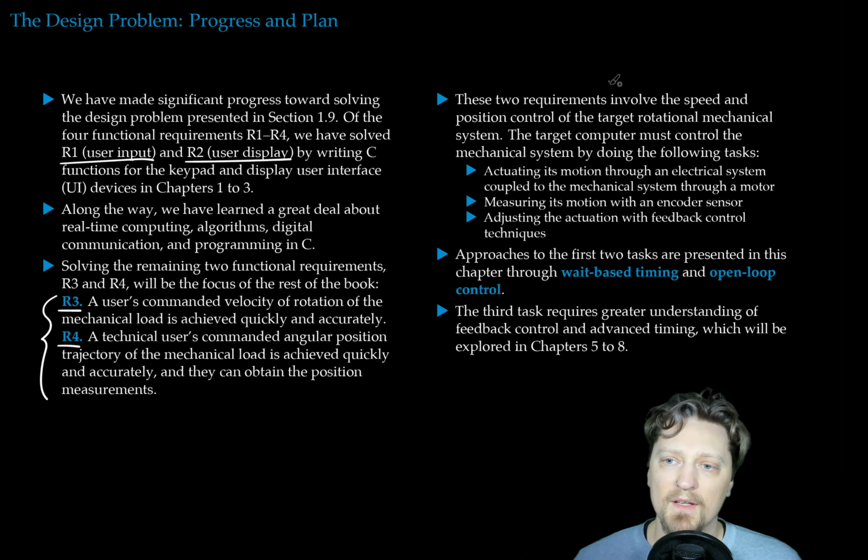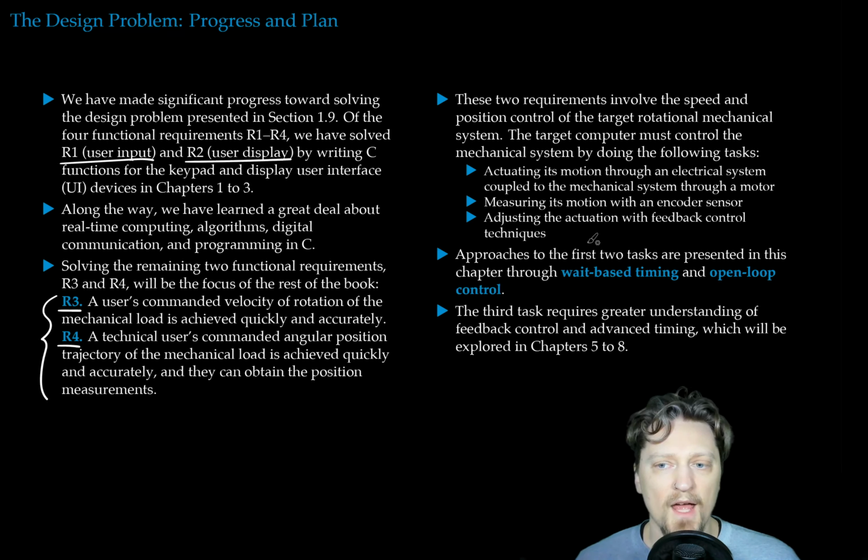These two requirements involve the speed and position control of the target rotational mechanical system. The target computer must control the mechanical system by doing the following tasks: actuating its motion through an electrical system coupled to the mechanical system through a motor, measuring its motion with an encoder sensor, and adjusting the actuation with feedback control techniques.